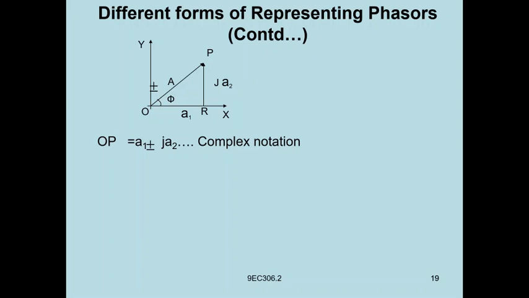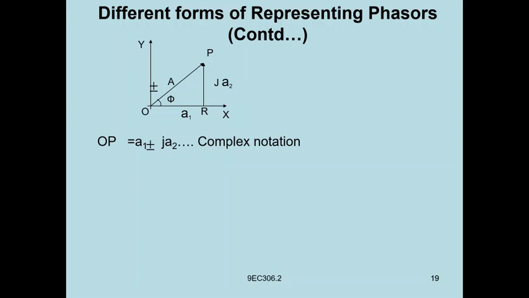Can I explain again? See, OP is the phasor and OR is the phasor along the x-axis and RP is the phasor in imaginary, meaning it is perpendicular to the x-axis, that is along the y-axis.